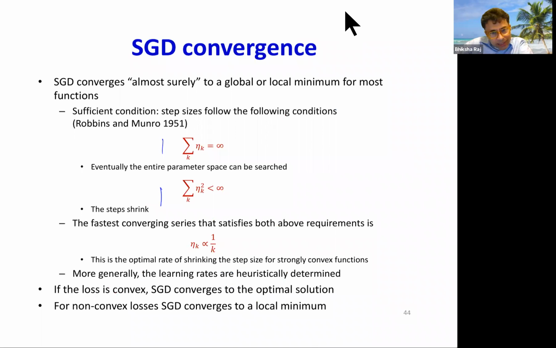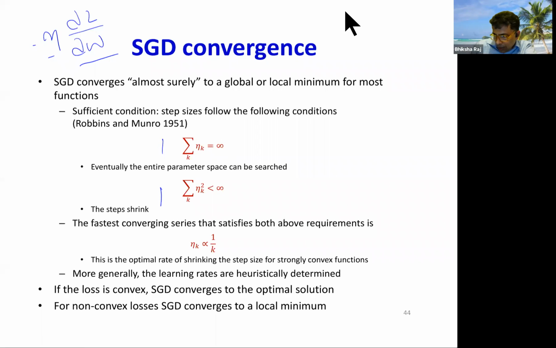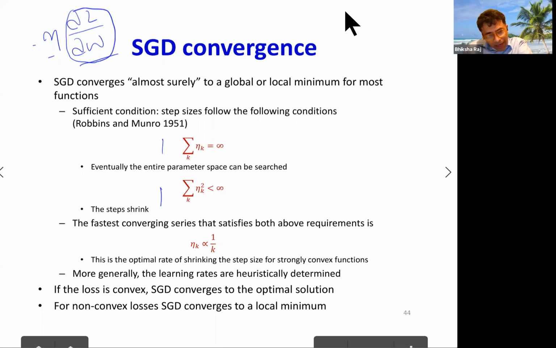So now consider this. For any individual parameter, we are always updating the current estimate by some eta times dL over dw. Now suppose this derivative had an upper bound, and let me say the upper bound was b.